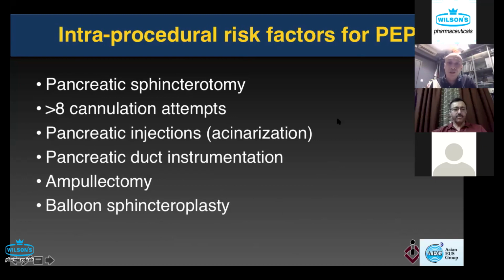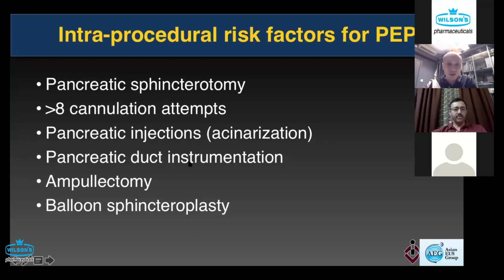During the procedure, there are also a number of risk factors, like if you need to do a pancreatic sphincterotomy, more than 8 cannulation attempts, pancreatic injections, particularly if you inject under high pressure, where you are seeing the side branches, which is called acinarization. This is definitely a risk factor for PEP.